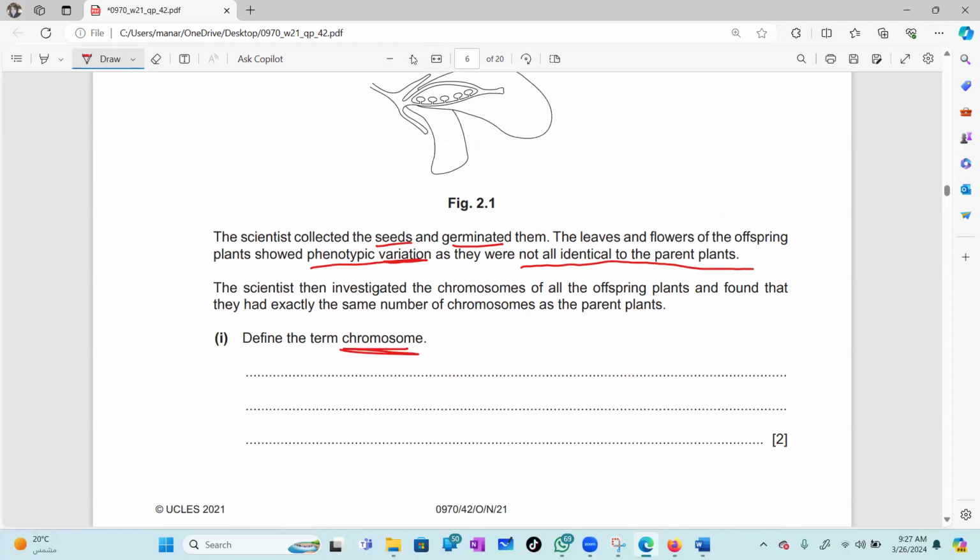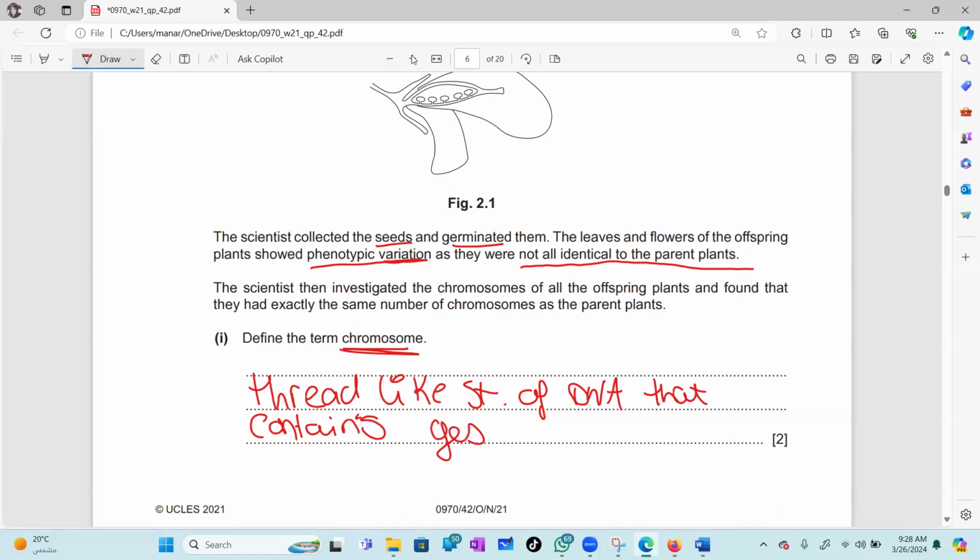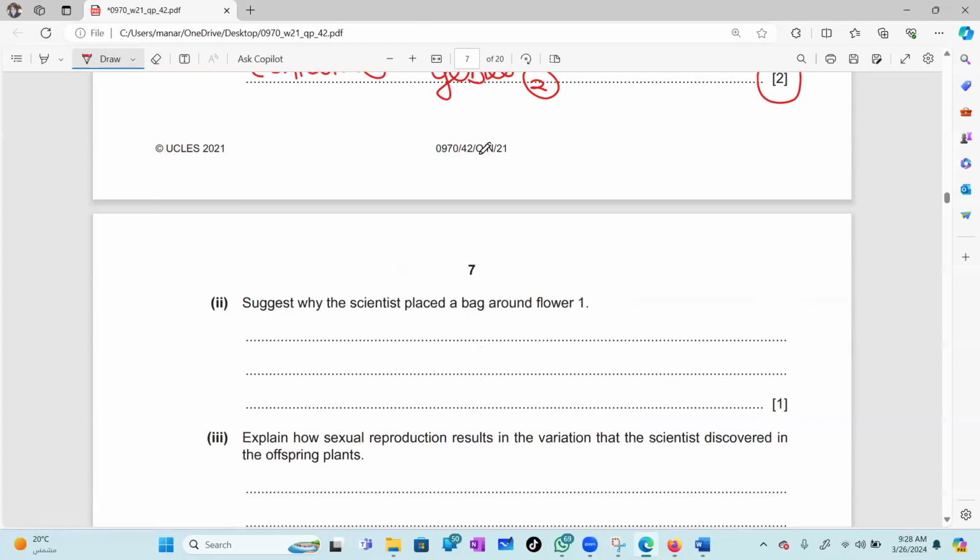A chromosome is thread-like structures of DNA that contains genetic information in the form of genes. It is a 2-mark definition. The first part, thread-like structures of DNA, is 1 mark. That contains genetic information in the form of genes is the 2nd mark. So it's a definition that you have to memorize just as it is.